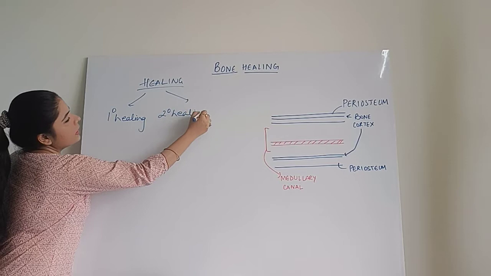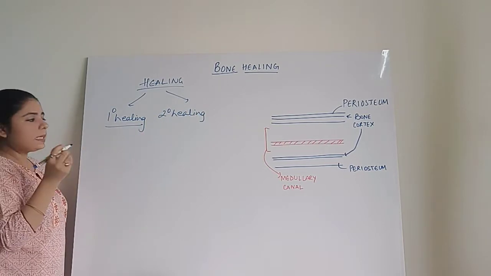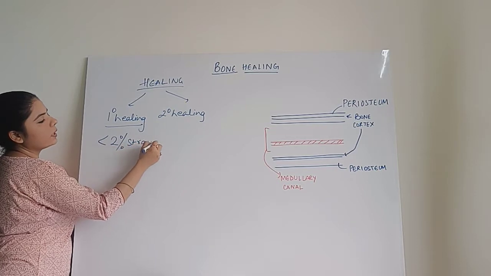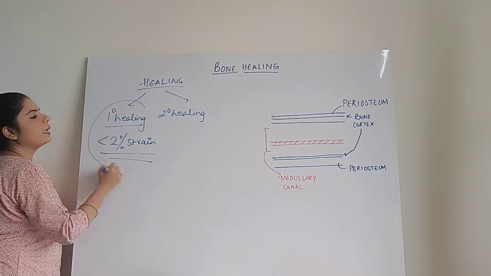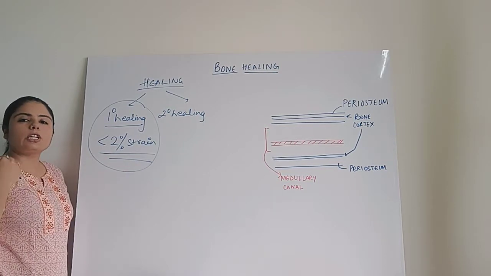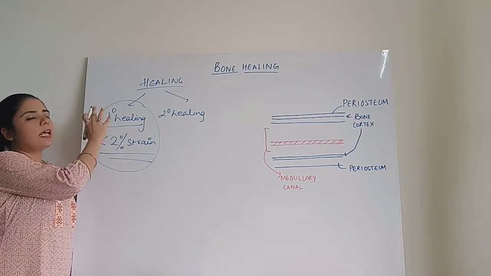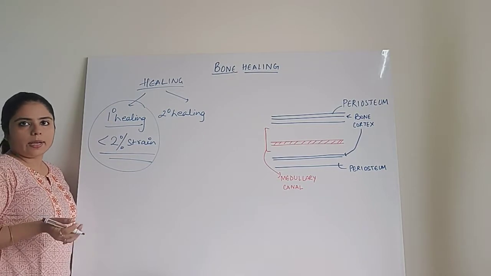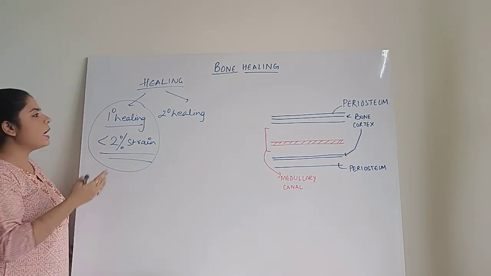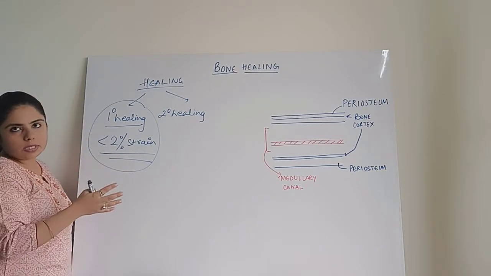Primary healing takes place in case of less than 2% of strain. Here the two bones directly join to each other and there are no intermediate stages required. The bones are uniform, forming a single bone after the healing process.